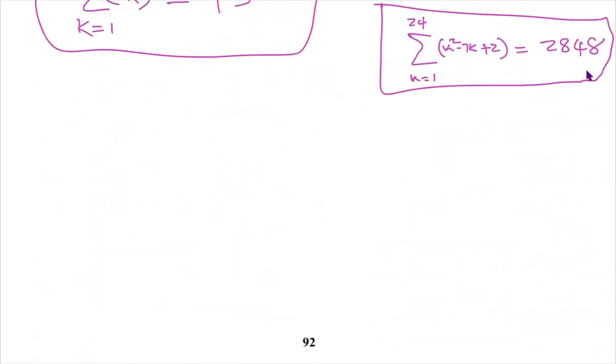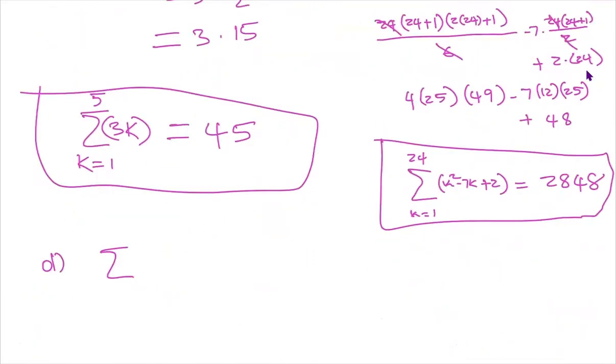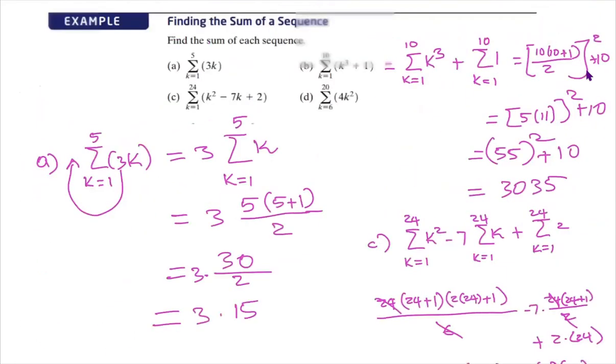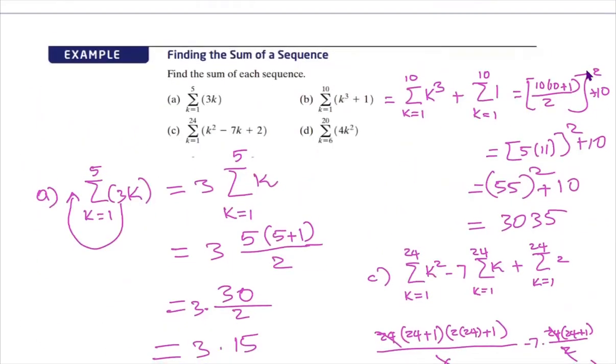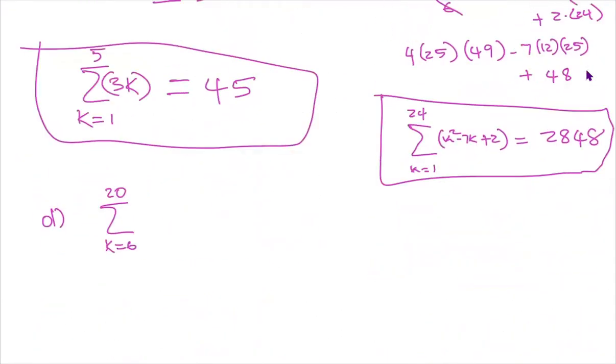And then last, D: the summation from k equals 6 to 20 of 4k squared.